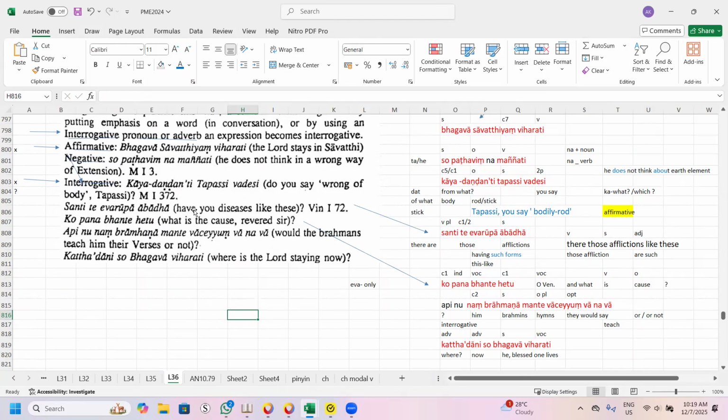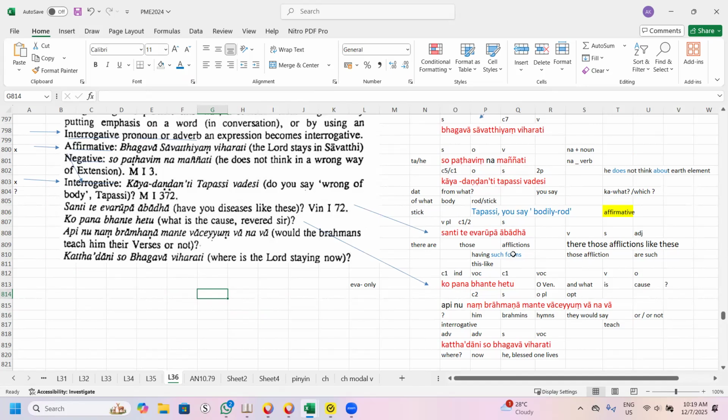That means this will become interrogative. If you put a verb in front of a subject, this becomes interrogative. But in your sentence, technically it is not interrogative. Interrogative in English, this is: those afflictions are such.